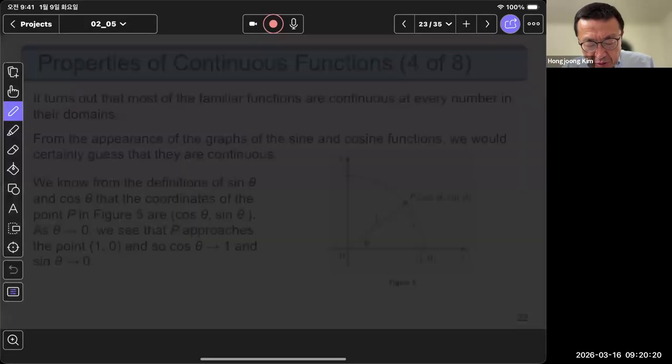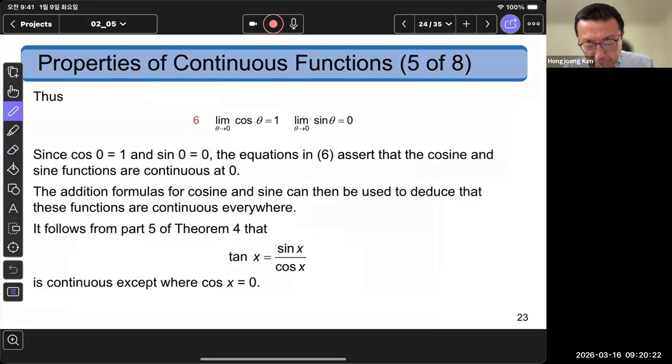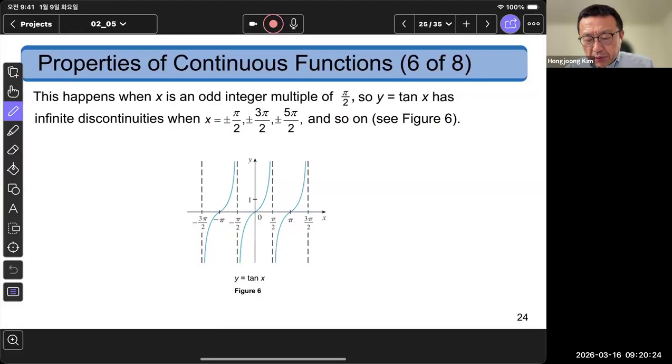You can read this property, and the point is, as I said, some people say the tangent function is continuous, and some people say the tangent function is not continuous. You need to understand that expression from the context.